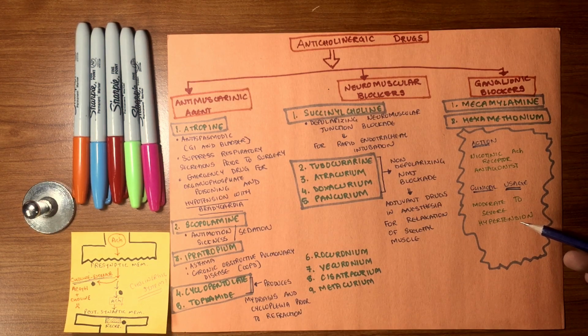When there is an increase in blood pressure, the sympathetic nervous system comes into action, and this blocks the ganglia, as ganglia have nicotinic receptors, and therefore reduces the blood pressure. So even though this is an anticholinergic drug, it works as an antihypertensive drug as well.